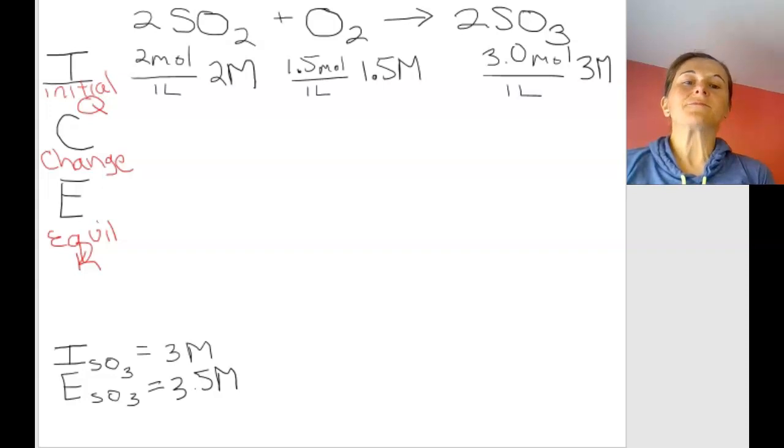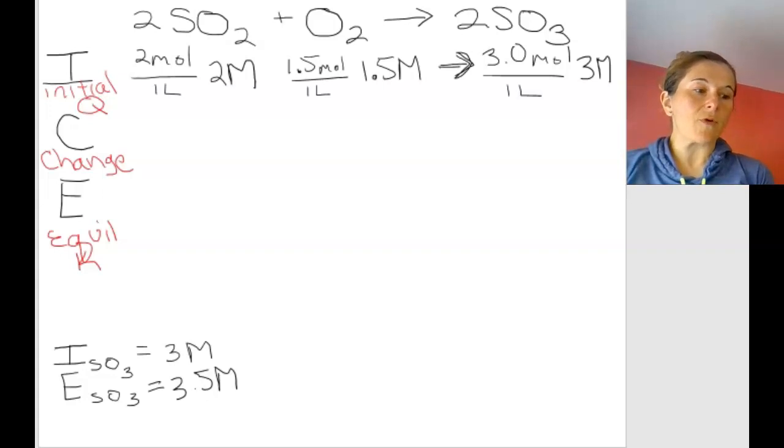So that means that we have had an increase in product, and so our arrow is definitely going to be going in that direction. We are going in this direction at this point in time because we are making product.